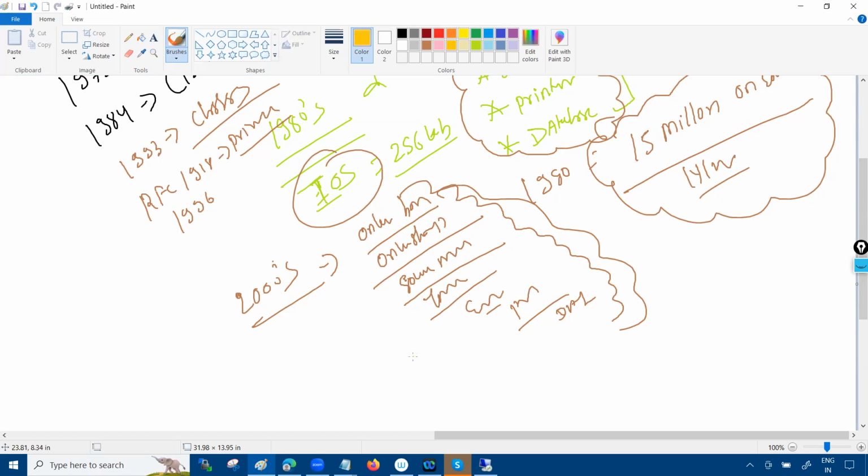Then they came with iOS XE, a higher upgradation. Again, I'm only talking from the Cisco perspective, guys. Different vendors have different things. In 2004, they came with the concept called iOS XE to support these services. But again, iOS XE has its own limitations. If I go into more depth, they can only provide memory protection.